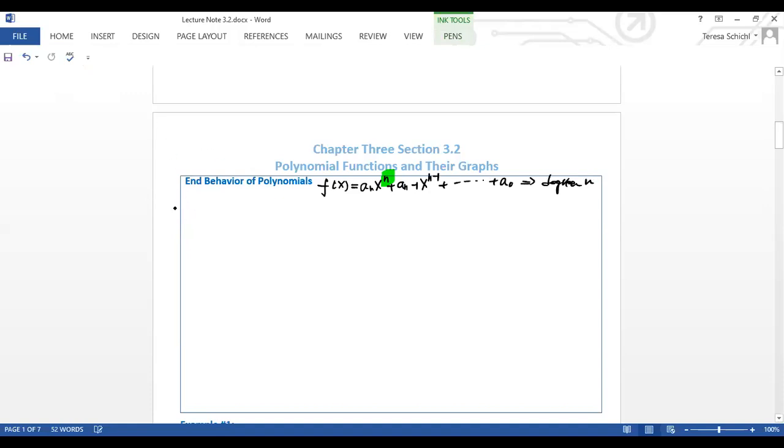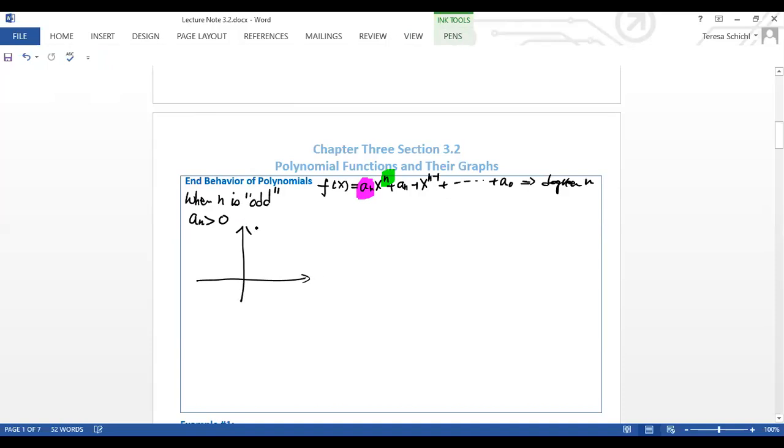First, let's consider when n is odd. I'd better use the same notation instead of a big N here. When n is an odd number, such as a third degree or fifth degree, when you graph it, you have to have one leg go up and one leg go down.